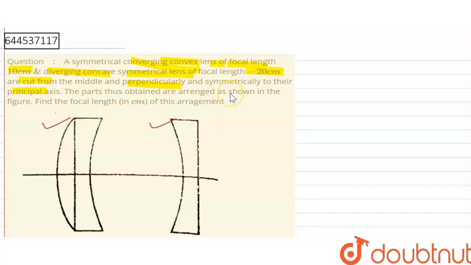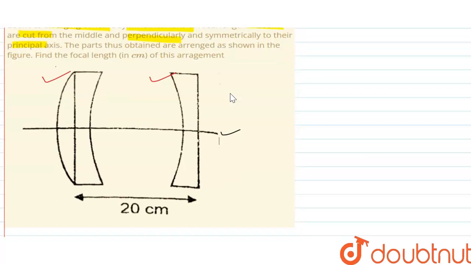This is the principal axis. So now this combination has been cut from the middle perpendicular to the principal axis, and after that these two parts have been separated by a distance of 20 centimeter. That means 20 centimeter is the separation between these two combinations.